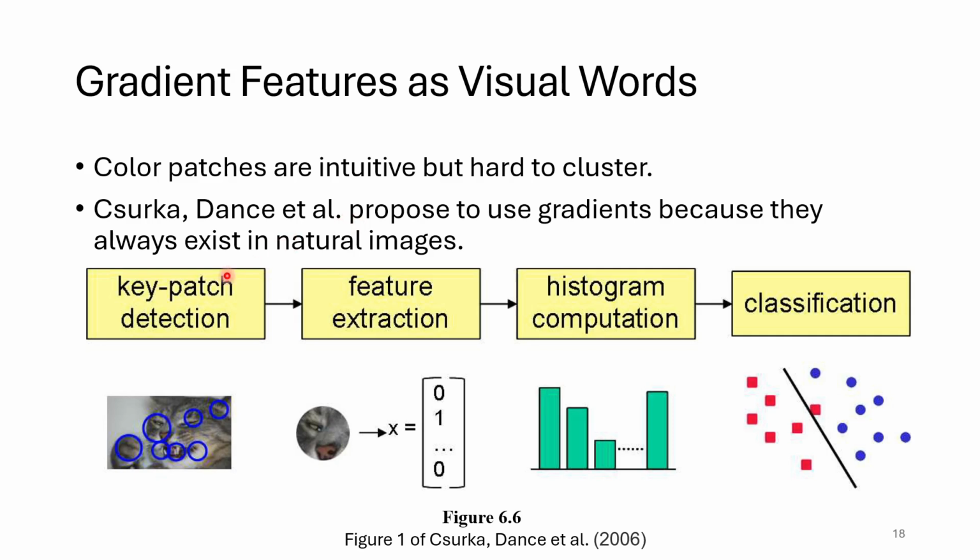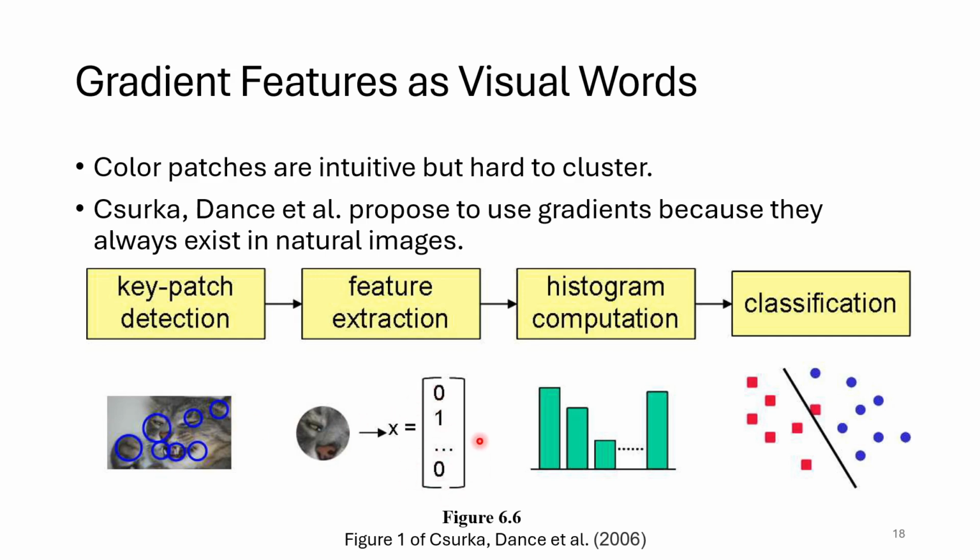Their idea is, given an image, you just focus on those key patches. You don't need to care about the resolution of the image. They first identify some key points from the test image, then extract features from those key patches or key points.